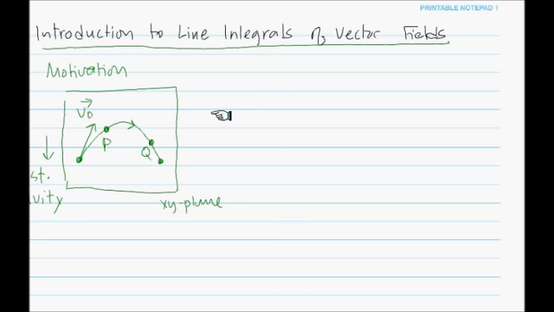So here what we would like to calculate is work. So this is going to be the work calculation. And we're going to review this work calculation in a simpler situation you might have learned in Calculus 1 or Calculus 2.